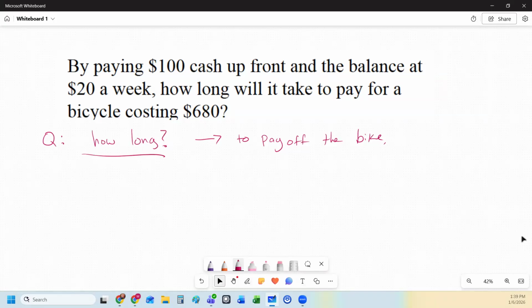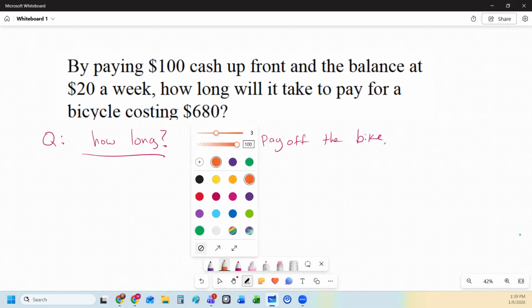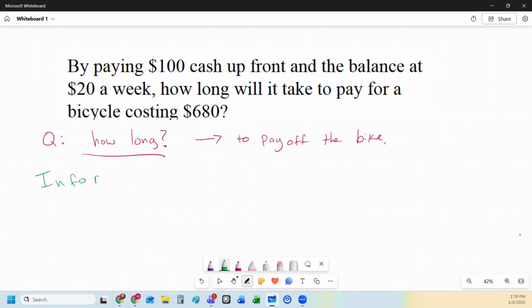So the information that I have is that the total cost is $680, right?